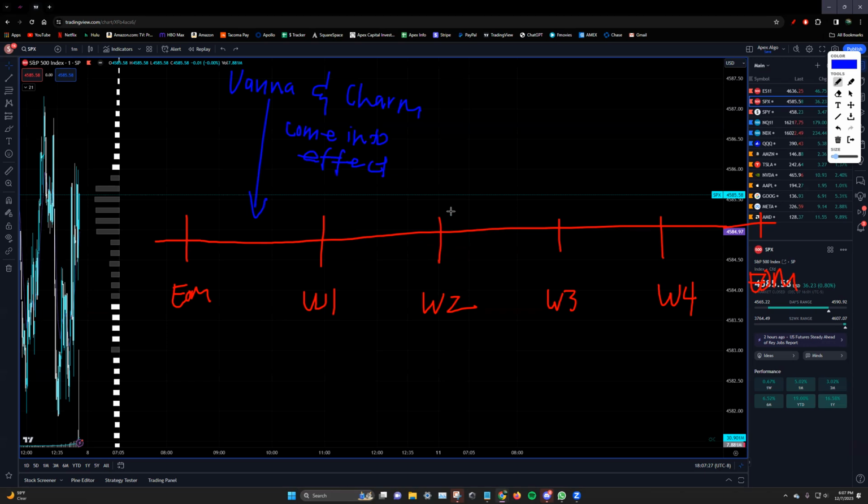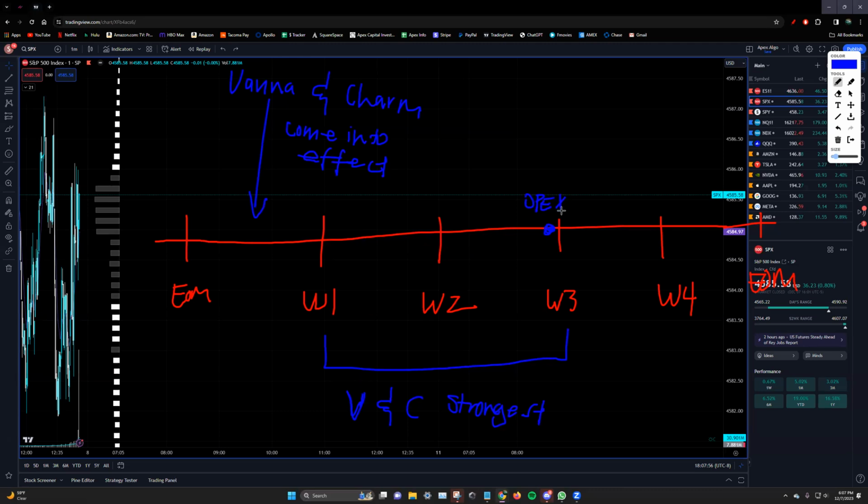During week 2 through week 3, that's when Vanna and Charm are the strongest. So V and C are the strongest, right? And then on week 4, or essentially in the middle or towards the end of week 3, depending on when OPEX lands, let's say usually it lands on the end of the 3rd week, right? So we'll call this OPEX.